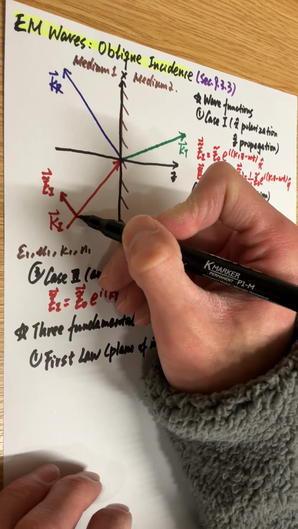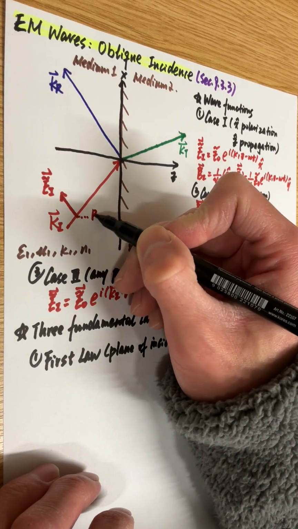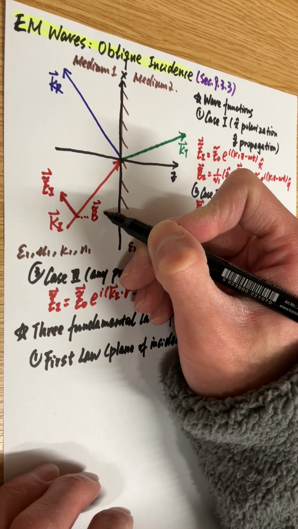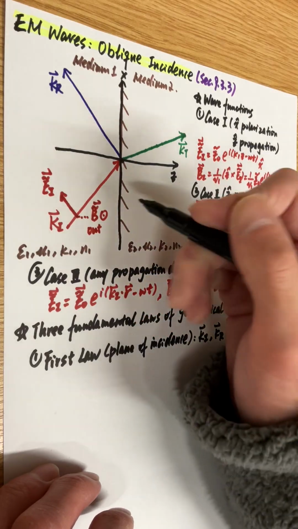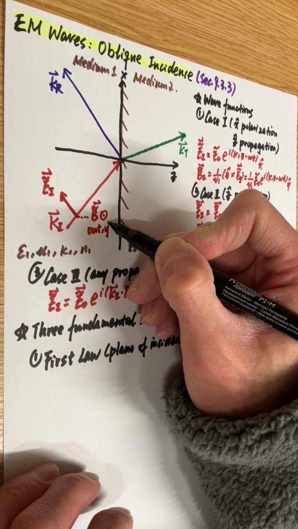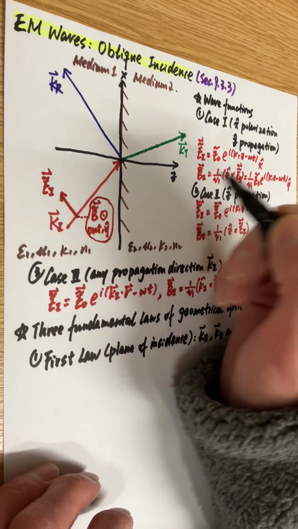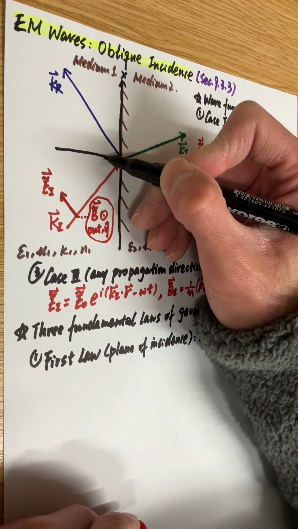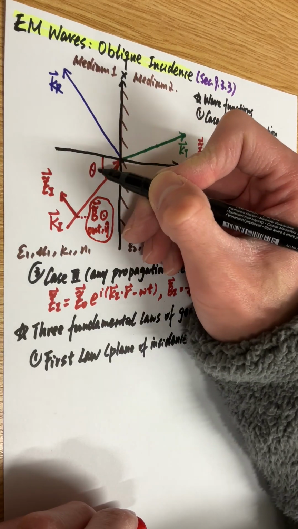So here the magnetic field direction would be pointing out of the plane, which is the y direction. And then the angle here, the angle of incidence, we have theta I.